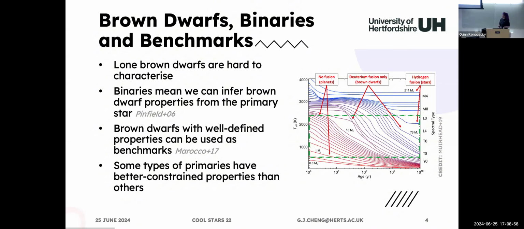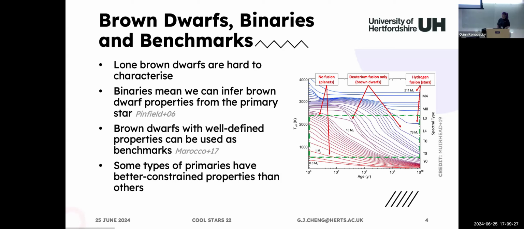So, as we've heard in all the talks this afternoon, lone brown dwarfs are notoriously difficult to characterize because of the degeneracy between their age, mass, and temperatures. But binaries mean that we can infer the brown dwarf properties from the primary star by assuming coevolution.